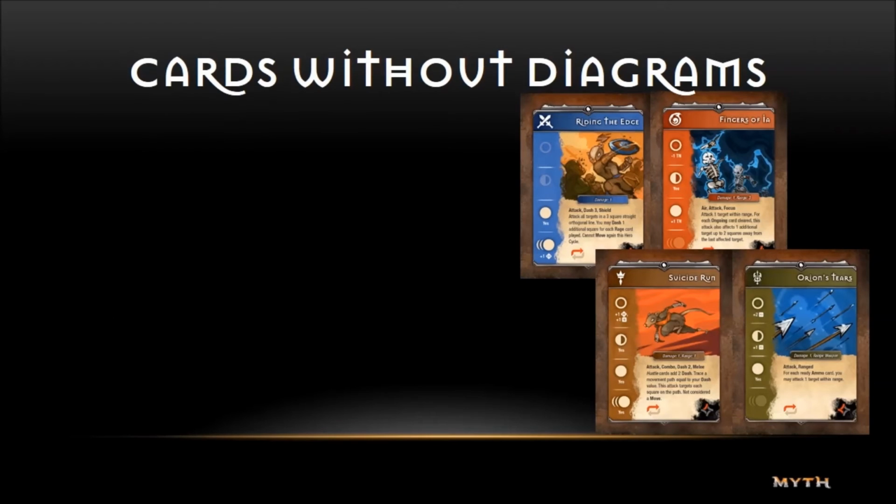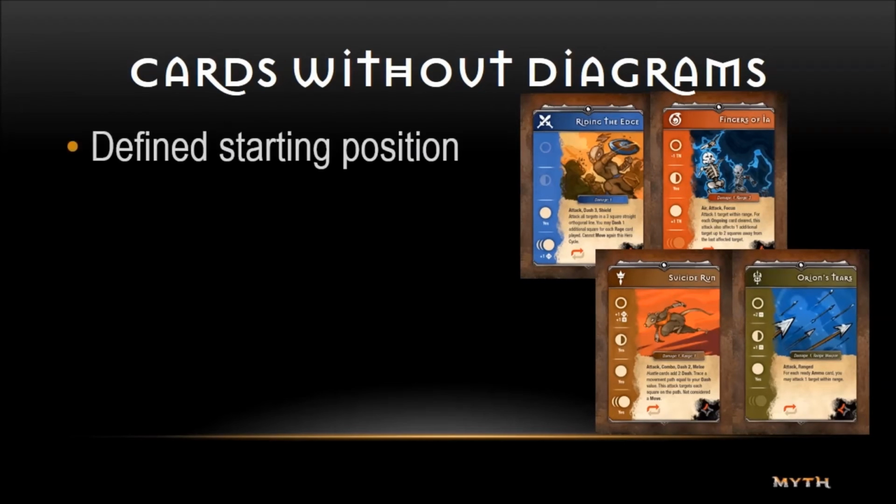Now, cards without diagrams, I think are fairly simple. They've got a defined starting position on the cards themselves, and it's fairly straightforward in terms of the cards saying what exactly they do.